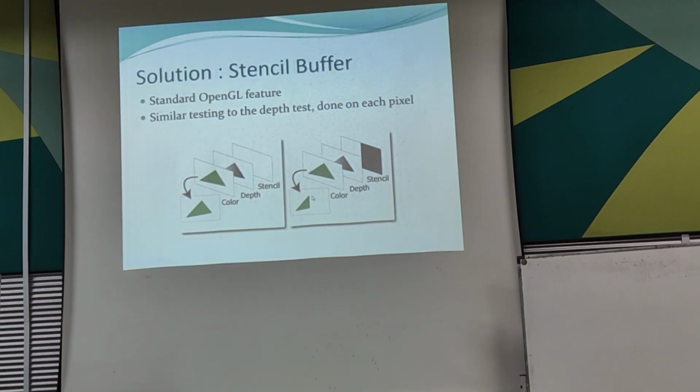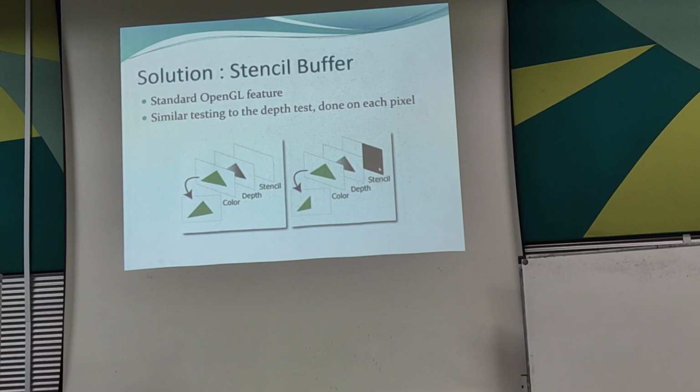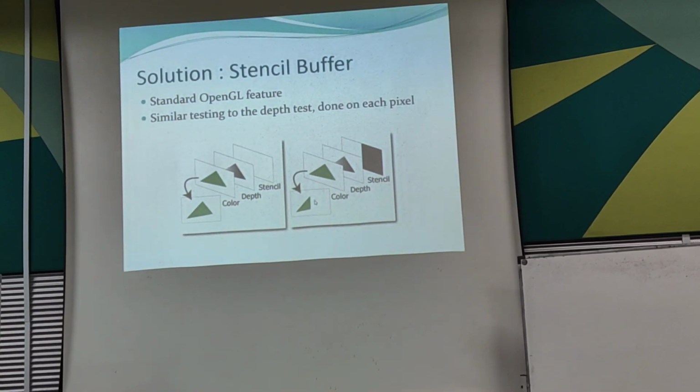The white color one, you only see this part of the triangle. The part on the black color bits, where your triangle falls, will be rejected and removed. It won't render on the screen. This is the stencil test.